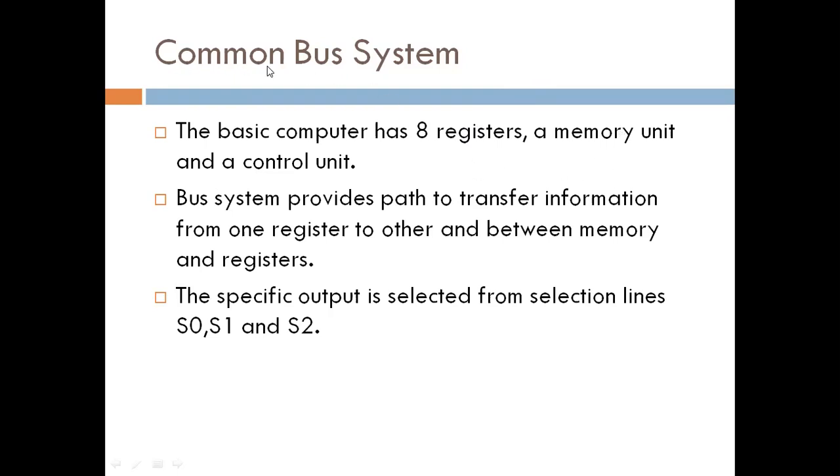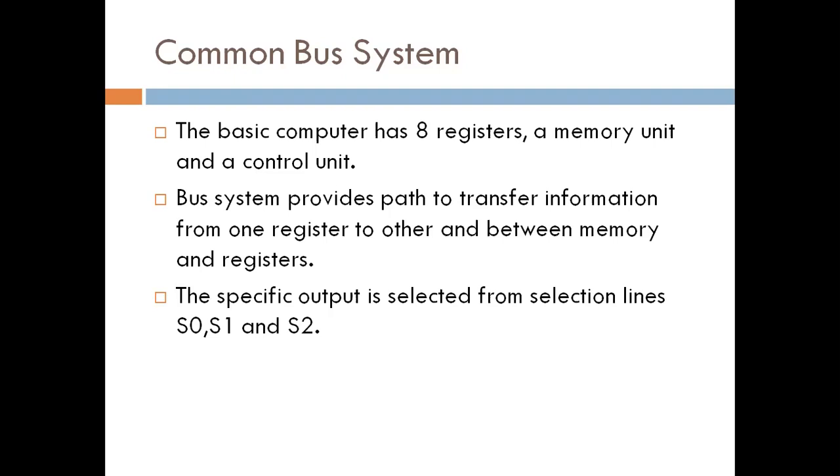This common bus system provides a path to transfer the information from one register to another and between the memory and the register. The name bus itself suggests that it is used for transportation purposes.